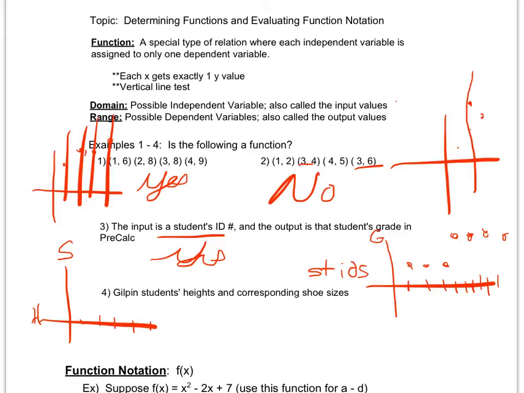So if I said, everyone who's 5'7", tell me your shoe size, maybe the first person says, my shoe size is 7.5. And then the next person says, my shoe size is 8. And then the next person says, mine is 7.5 too. Mine is 8.5. So all of a sudden, notice I start breaking the vertical line test. So I'm going to go ahead and say no, the Gilpin students' heights and corresponding shoe sizes would not be a function.